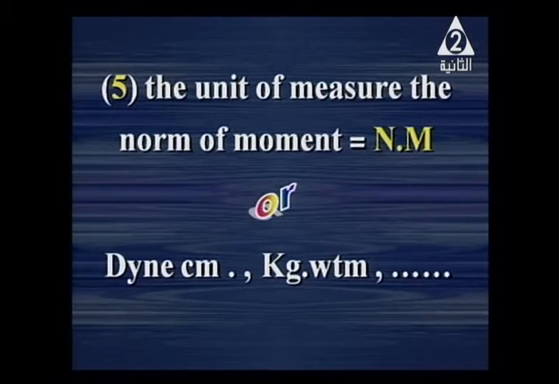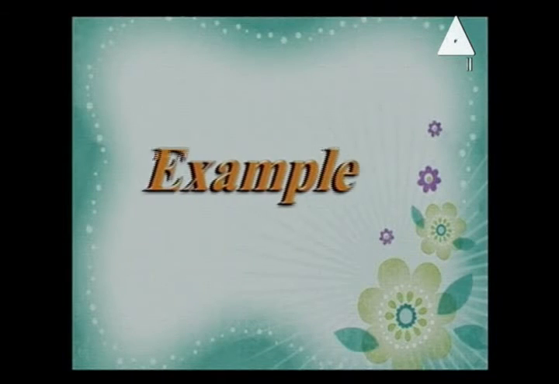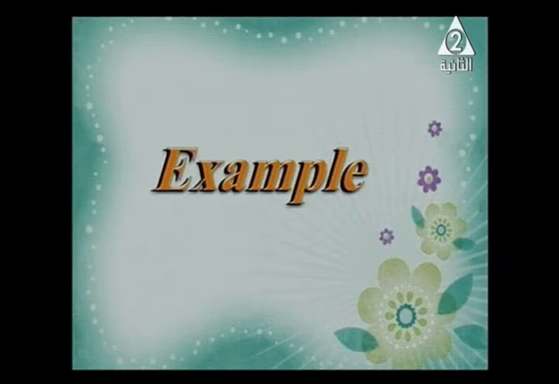You remember there is a relation between Newton and dyne. Kilogram weight meter. We have more units to measure the norm of moment: Newton meter, dyne centimeter, kilogram weight meter. Now we move to an example.